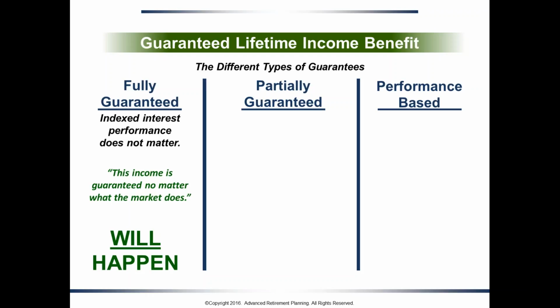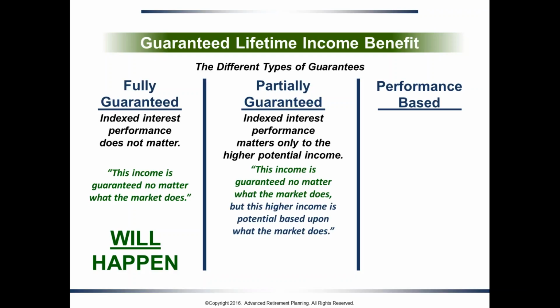When we have partially guaranteed, and we'll look at examples of these, the indexed interest does matter, but only to a higher potential income. As we're going to see, some of it is guaranteed, some of it partially guaranteed. In that case, I cannot make that complete statement.